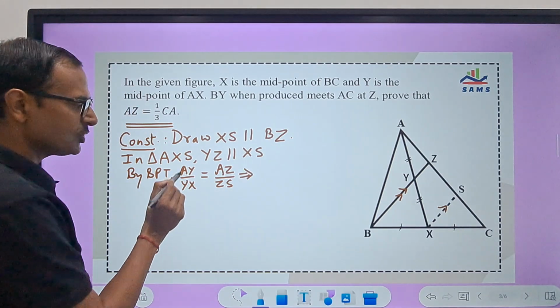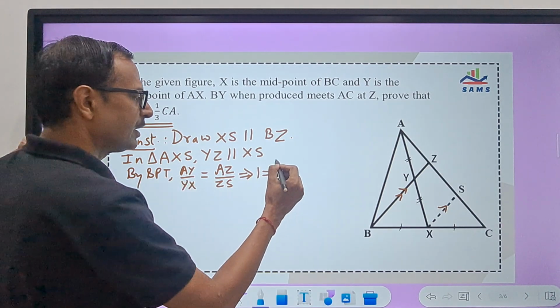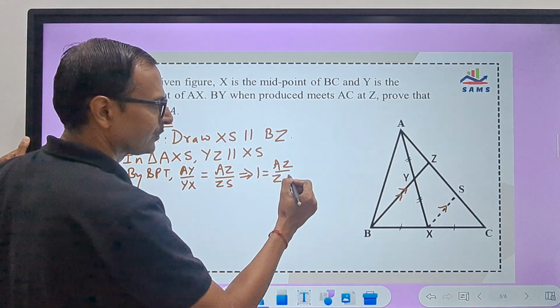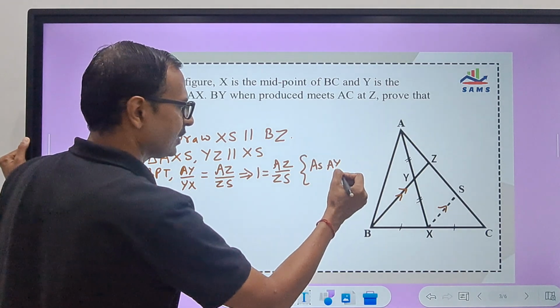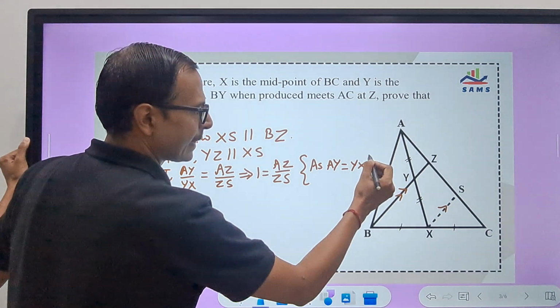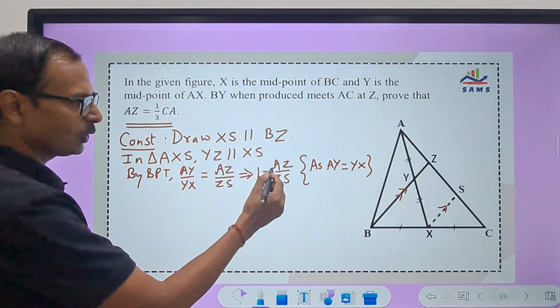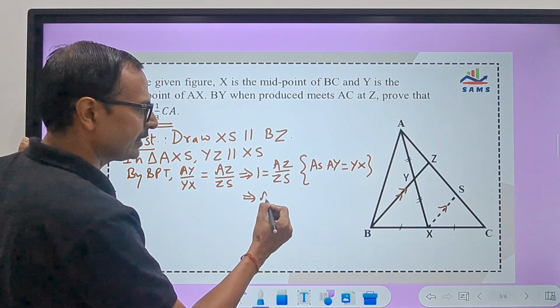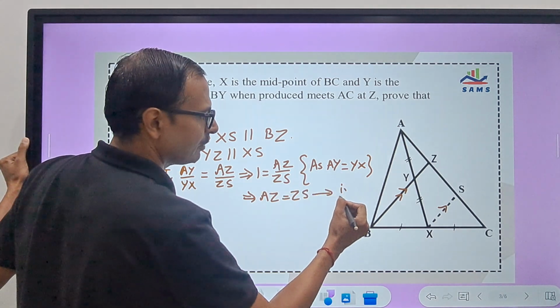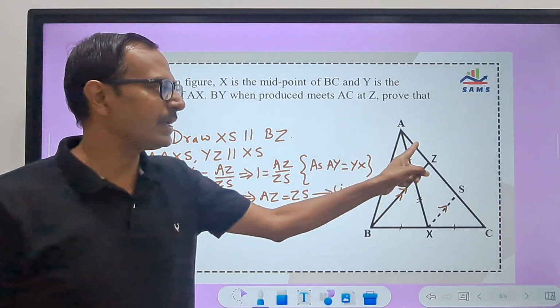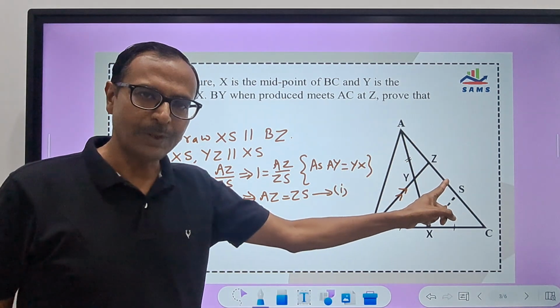That means this ratio will be 1, AZ upon ZS. We will give the reason as AY is equal to YX, right? So if you cross multiply this, you will get AZ is equal to ZS. Now this is equation number 1. I managed to prove that AZ and ZS are equal.